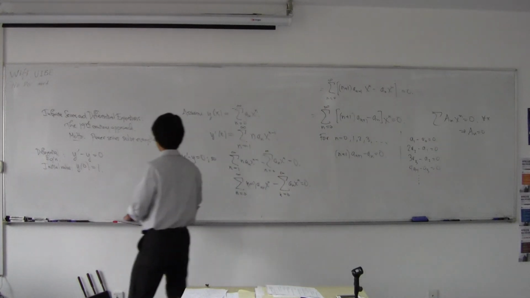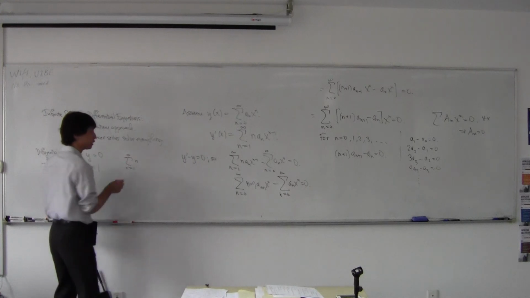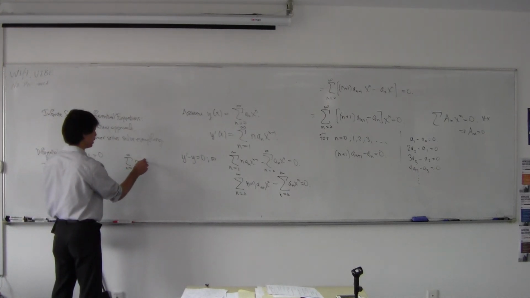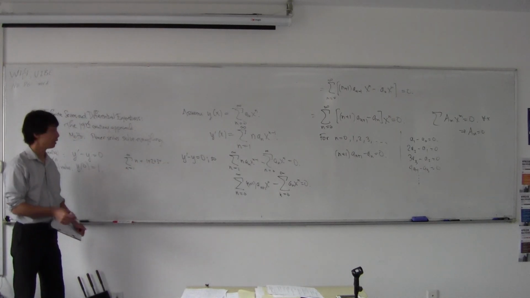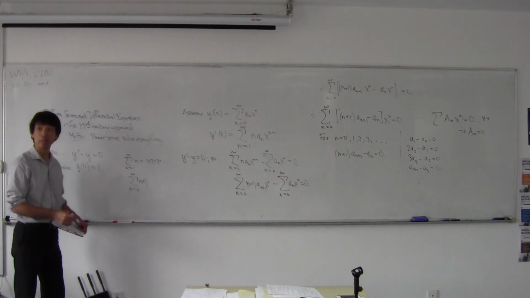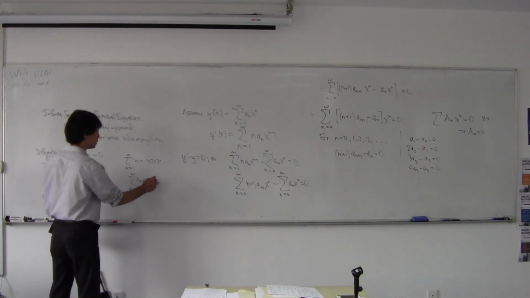Think about it. If I say summation from n equals 1 to infinity, what's that? That's going to be 1 plus 2 plus 3 plus and so on. Now I'm going to rewrite that as n equals 0 to infinity, but with n plus 1. When n is 0, I get 1. When n is 1, I get 2.